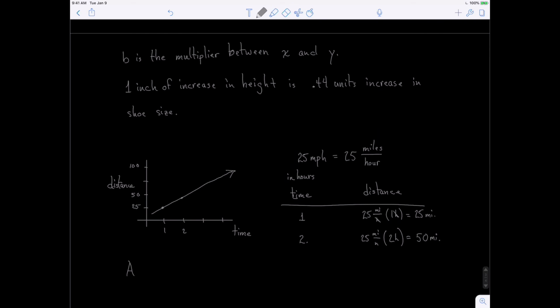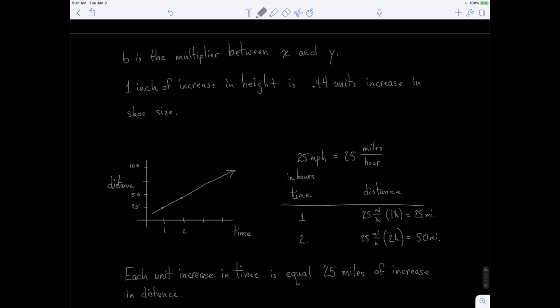You'd say that each unit increase in time is equal to 25 miles of increase in distance. So that is what our slope is.